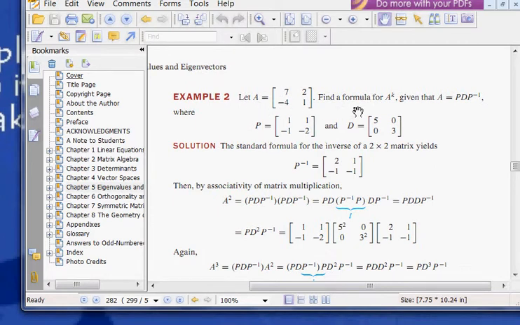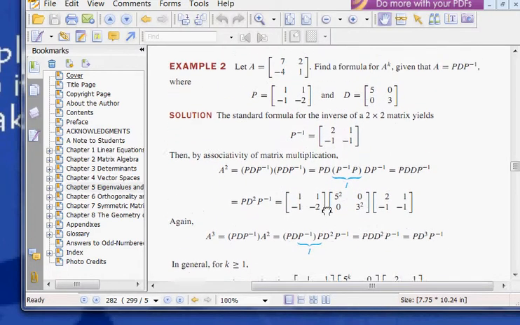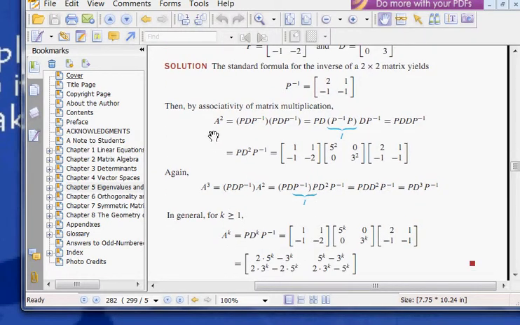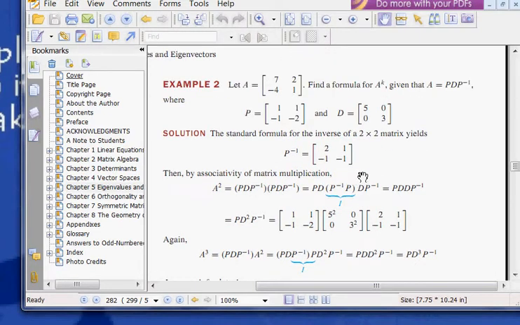Here's A. Now they want you to find a formula for A to the k given that A equals P times D times P inverse, and they also give you P and they also give you D. So the first thing you do is find P inverse. And now the interesting thing is, if you do an A squared, since you know what A is, A equals P times D times P inverse, if you multiply two of these things together, this inner P inverse and P cancel out to the identity matrix and disappears.